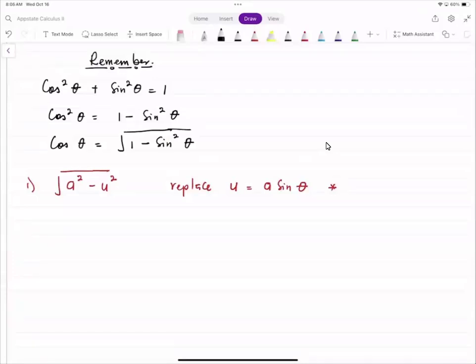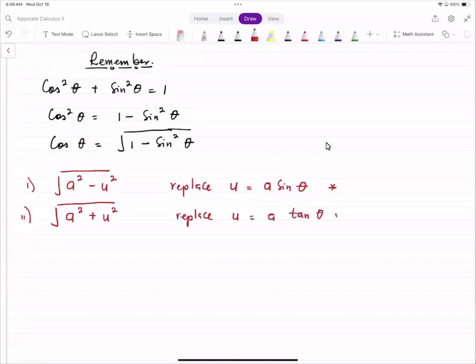Let's look at the other situation too. The second one is if we have the square root of a squared plus u squared, we are going to replace u with a tan theta.